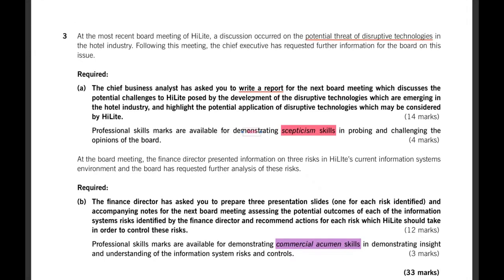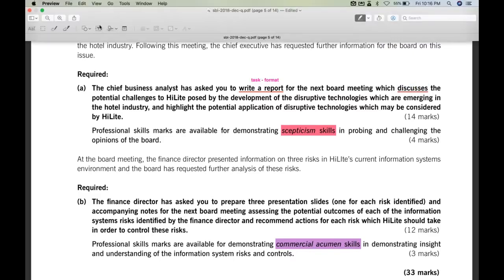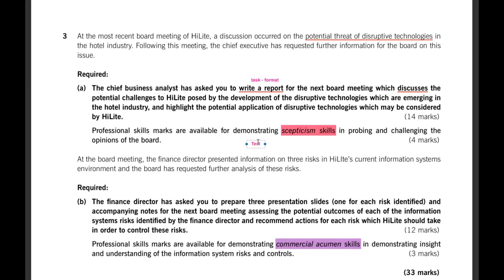Again, this is your format for the next board meeting, which discusses that's your question verb.